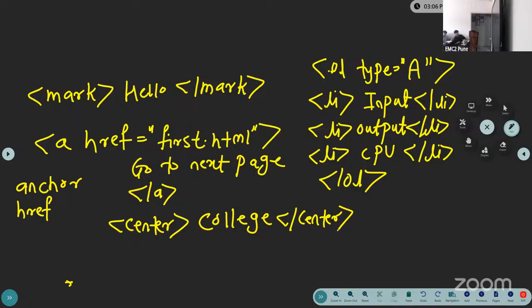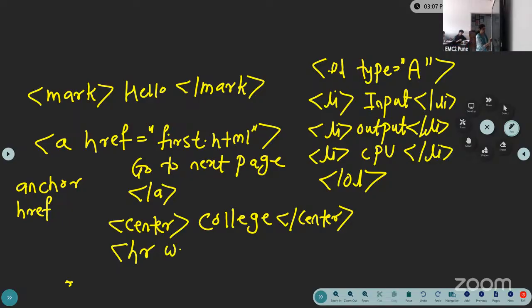So one more standalone tag, just like BR. There is another tag, HR. HR is a horizontal row that will appear. For example, you have mentioned the college name, address, contact number, and below that you want a big horizontal line that covers the entire web page. So here you can mention HR.